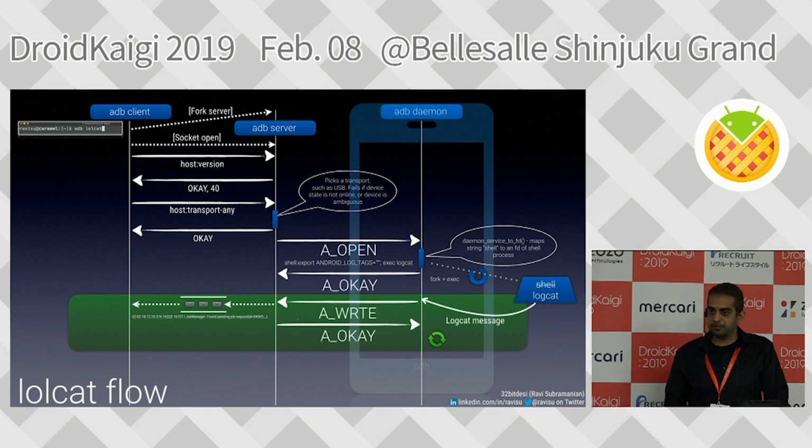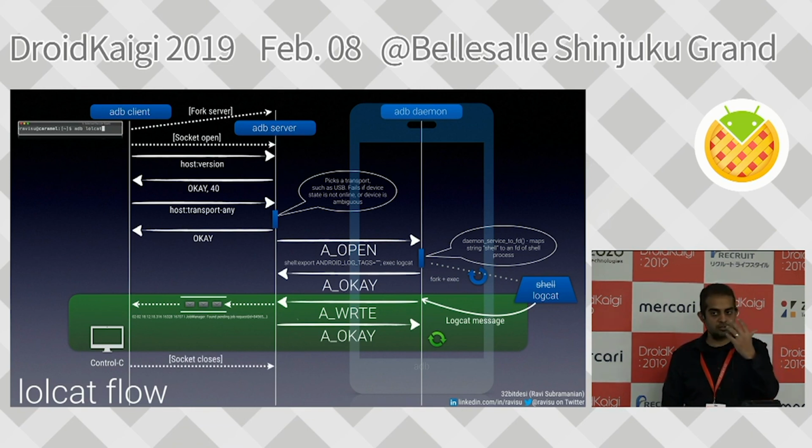Now, as you can imagine, this will keep on going as long as log messages keep coming. One of the things that could happen is you figured out what's going on and you're sitting in front of your computer and you hit Control-C, I'm done with the logs. Well, what happens then? The socket actually closes. The socket between your ADB client and the server on your local machine dies.